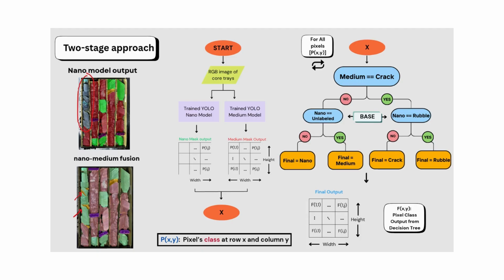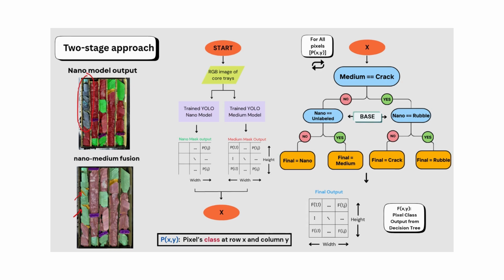And so for each pixel, we implemented this decision tree, where the nano output first serves as the base. We then look at the corresponding medium model output and see if it is a crack or not. If yes, we then check if the nano is rubble or not. If it's another yes, we skip over filling the cracks with the medium model, and the final output would be rubble.